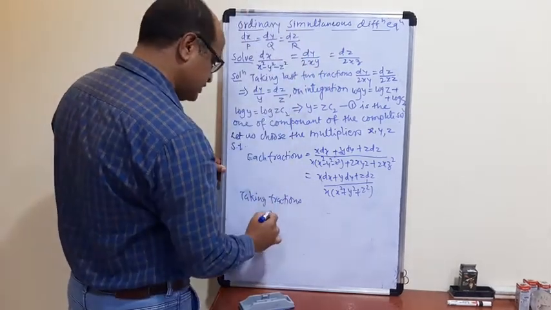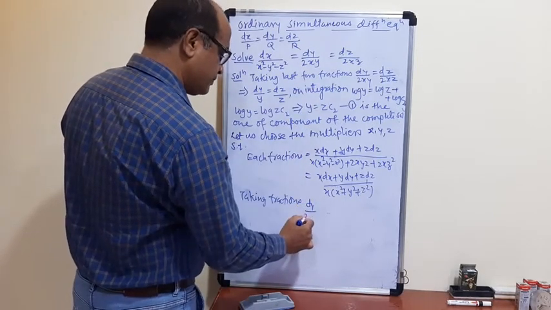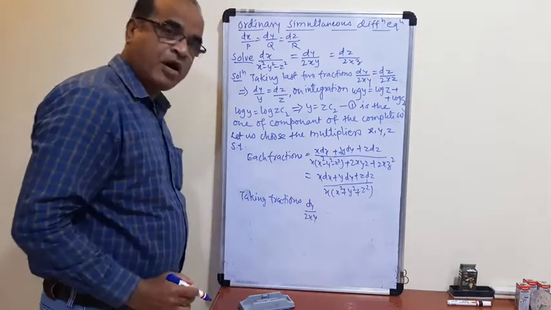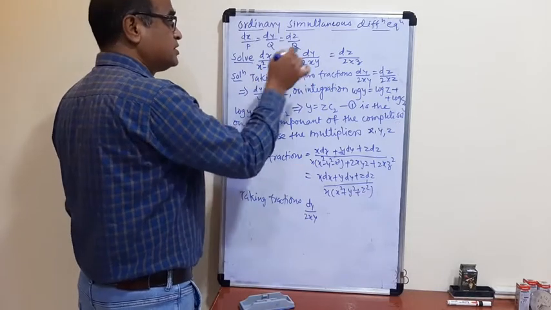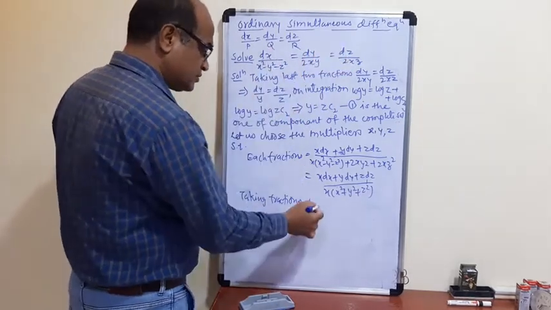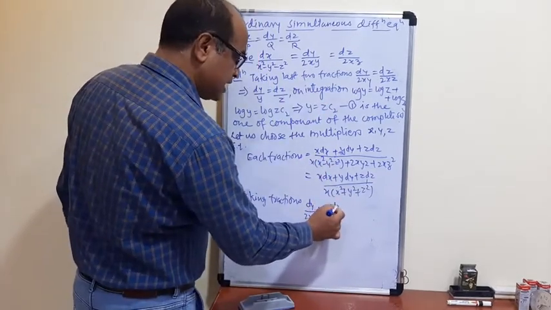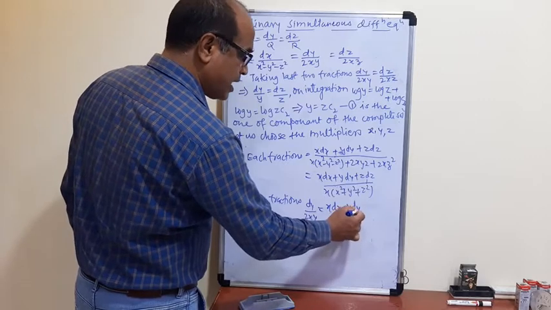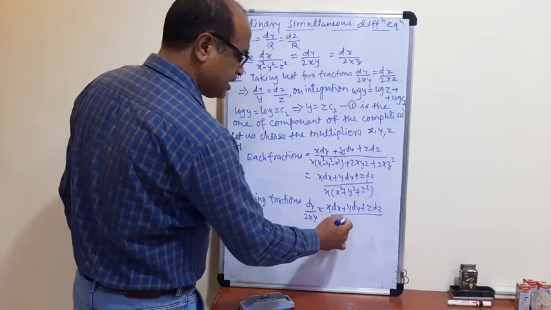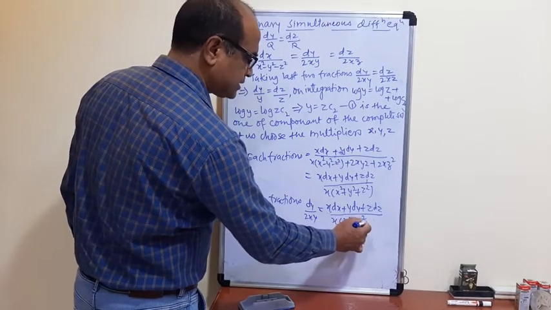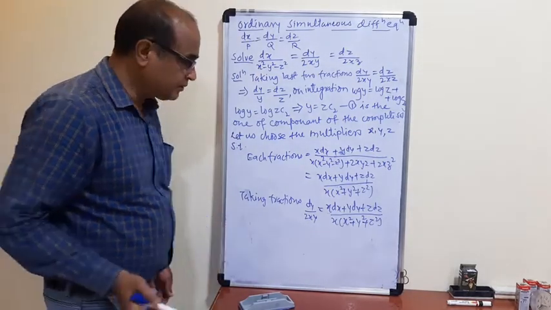So these fractions dy upon 2xy is equal to, each fraction is equal to this. So we take this fraction equal to this fraction: x dx plus y dy plus z dz divided by x into bracket x square plus y square plus z square. So very simple.